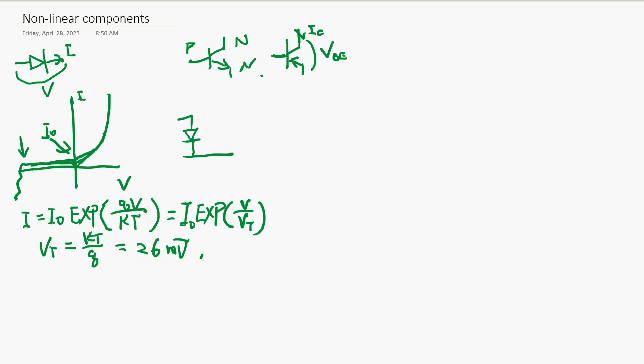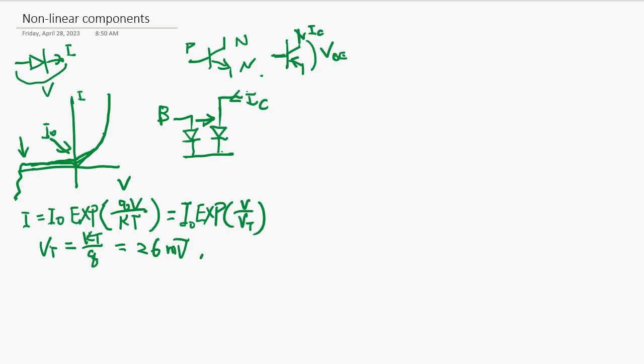Basically, the base is connected to a diode, okay? And this diode is connected to another diode, and this is IC. And of course, this controls this current diode.